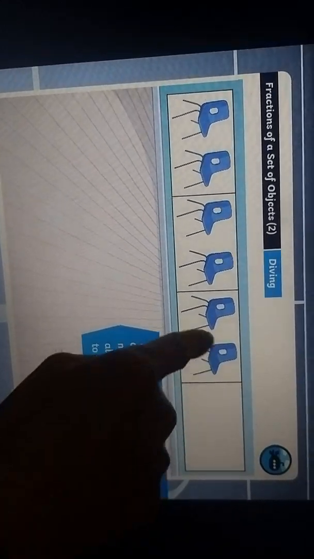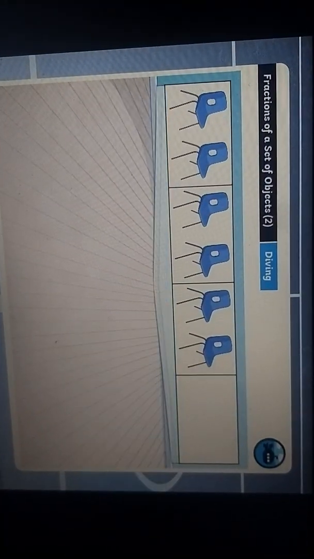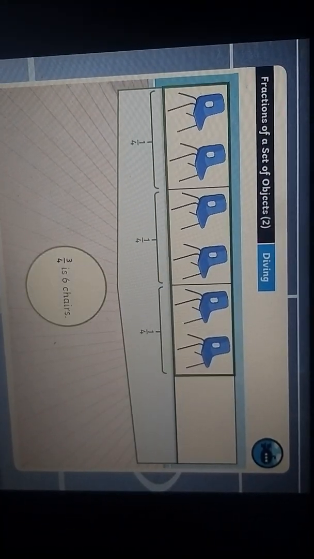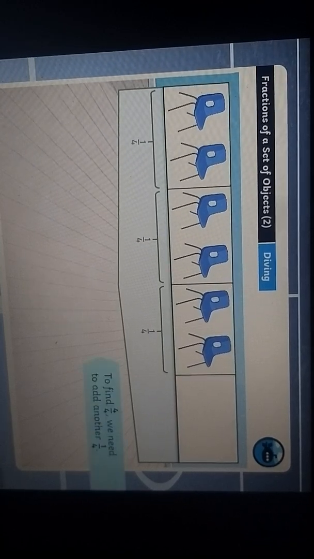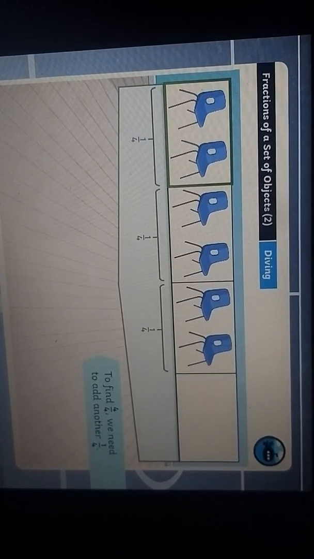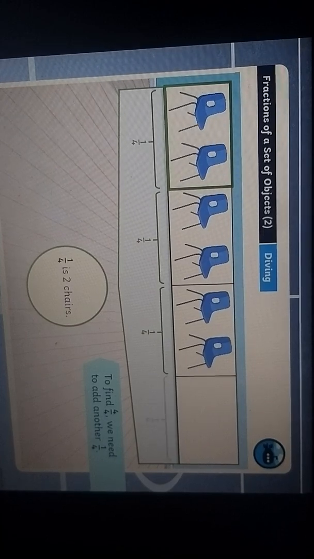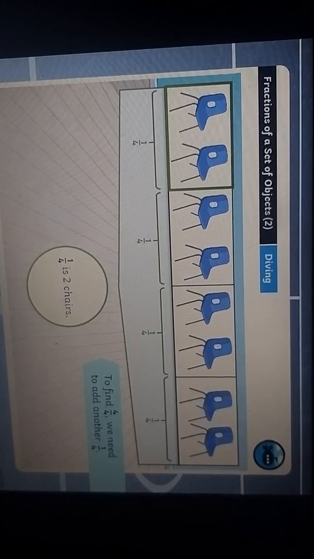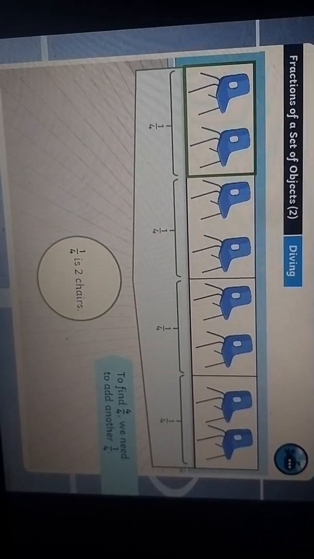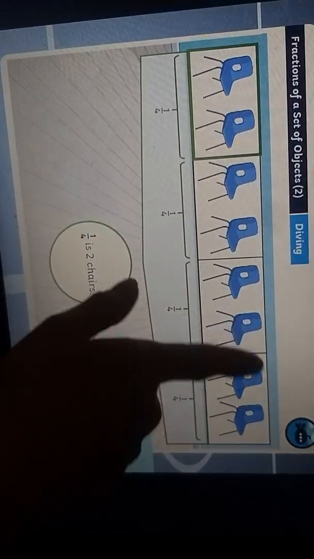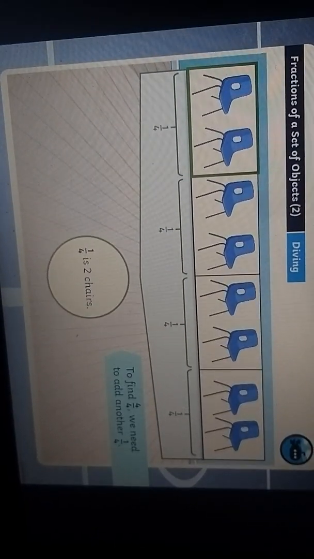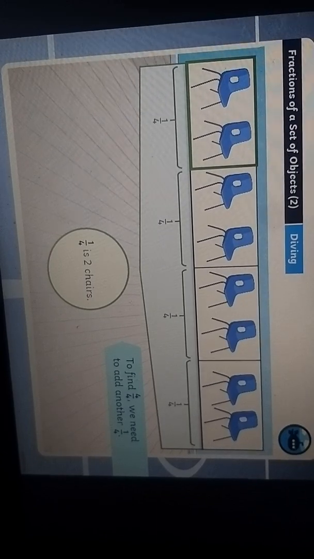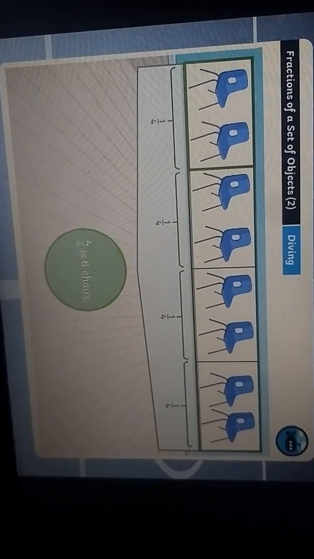Remember, fractions always have to be even. So to find the total, we need to add another 2 chairs. So how many chairs were there in total? 2, 4, 6, 8. But you have to go through those stages to answer the question, okay? And you really have to read the question.